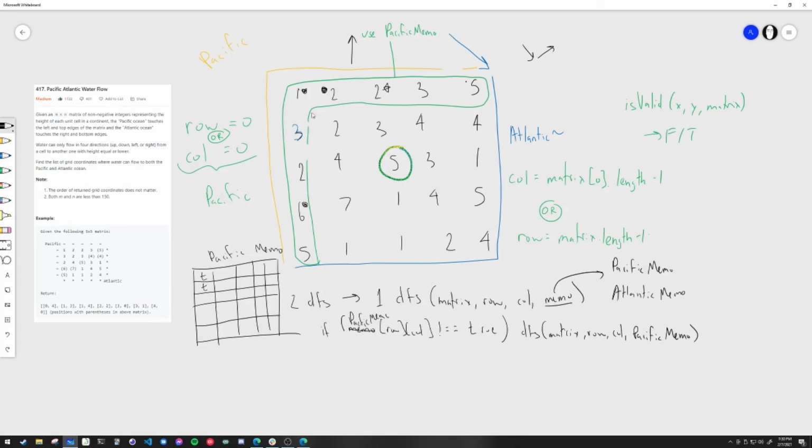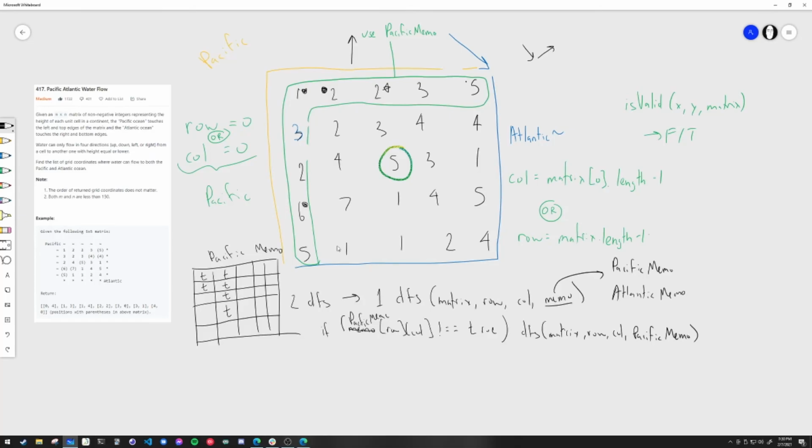And now we go back to 1, and now we look to the right. So 1 is less than 2, so that's true. We can roll uphill. From this 2, we'll go down. 2, we can go down again. 2, we can go down again. And now from here, we can't go left, down, or right.